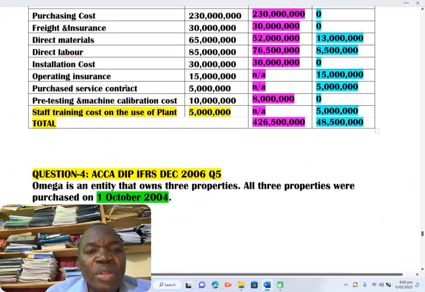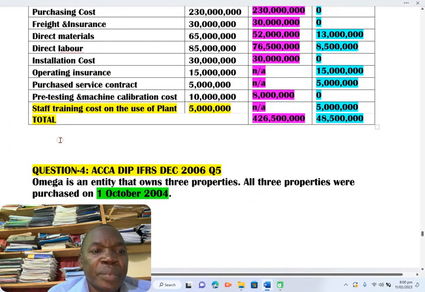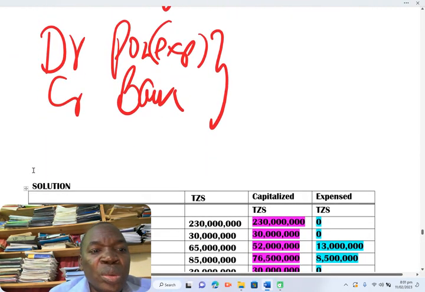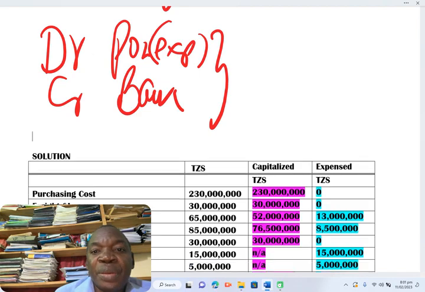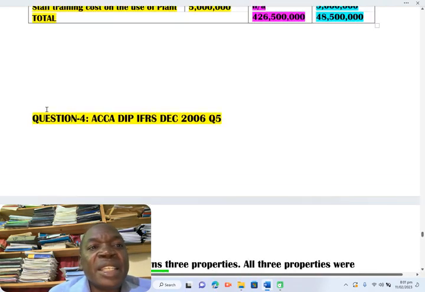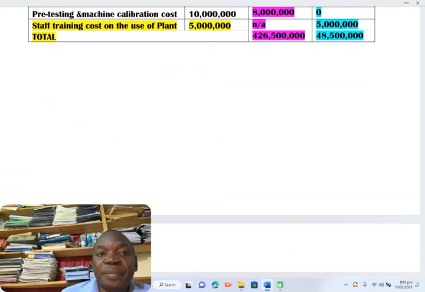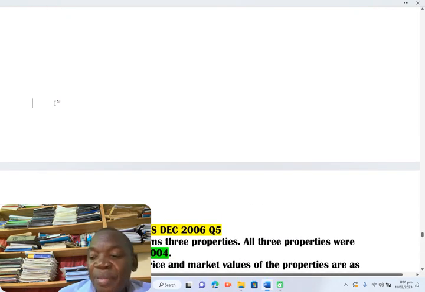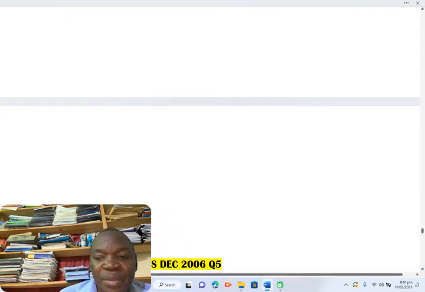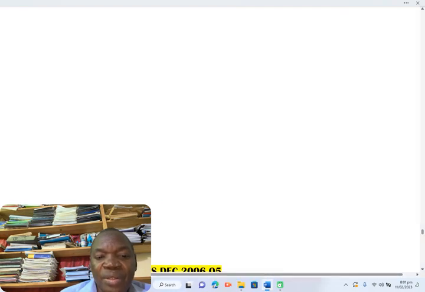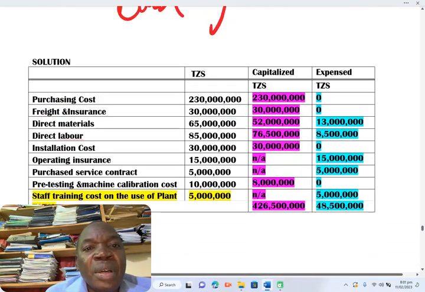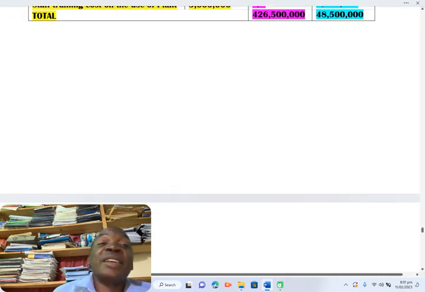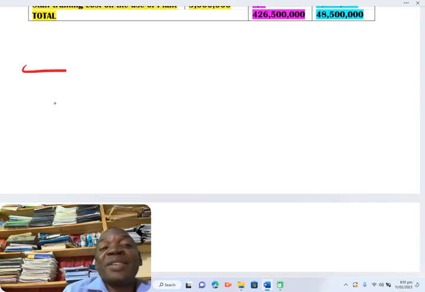So what we are doing here, we can now go to part B, kwamba hii asset ilikuwa ni miaka mingapi? 50, si ndio? Sasa naimaliza haraka hapa ili usort out. Kwa hiyo hii ilikuwa miaka 50, si ndio?